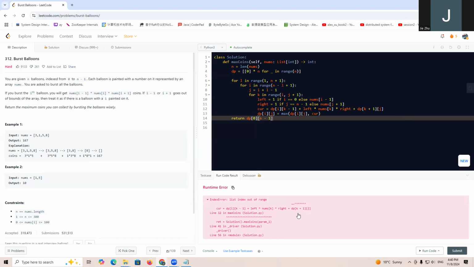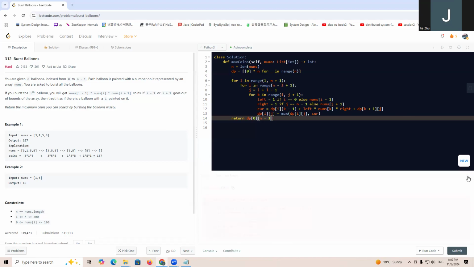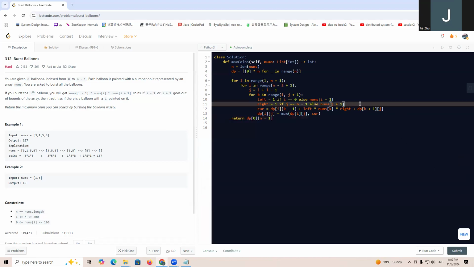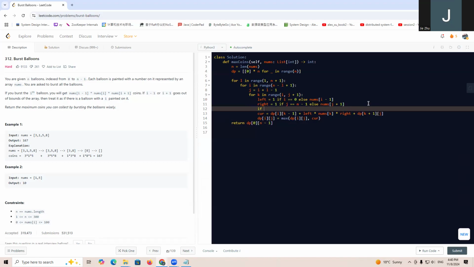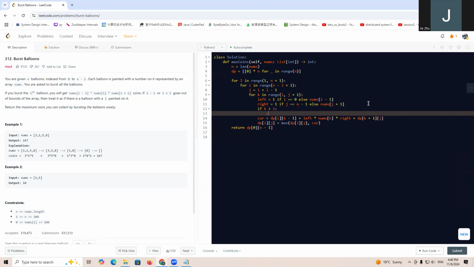Range k plus one. But we still need this, right? So if k is greater than i, we have current plus equals this. I still write this kind of formula.